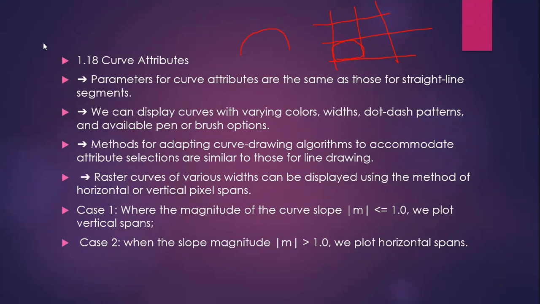If you have a straight line, the pixels will be arranged in a horizontal or vertical manner, there is a certain arrangement. But when you draw a curve, there isn't a fixed arrangement. A pixel may go in this manner, and like this it may continue.